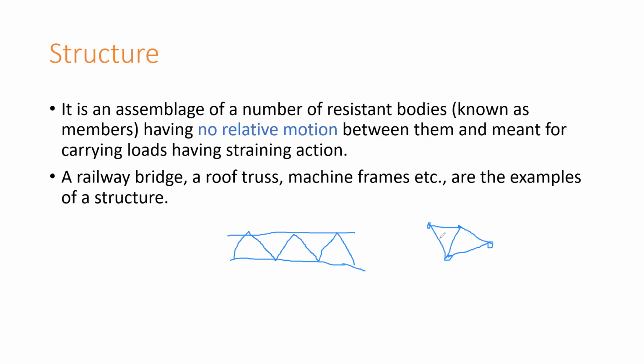So whatever is the angle theta between these two elements, this angle will never change because no motion is happening between the two elements. Such an assembly of resistant bodies, which does not have relative motion between them, is called a structure. And a structure is different from a mechanism or a machine, where motion between the elements takes place.